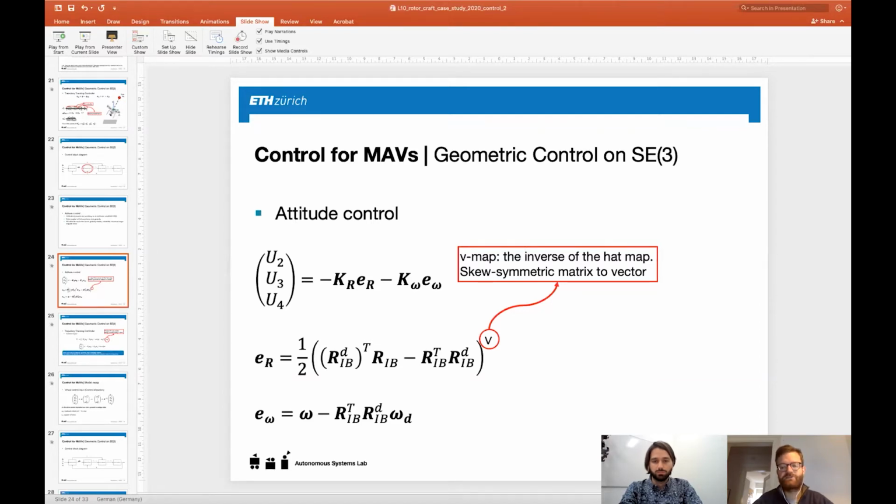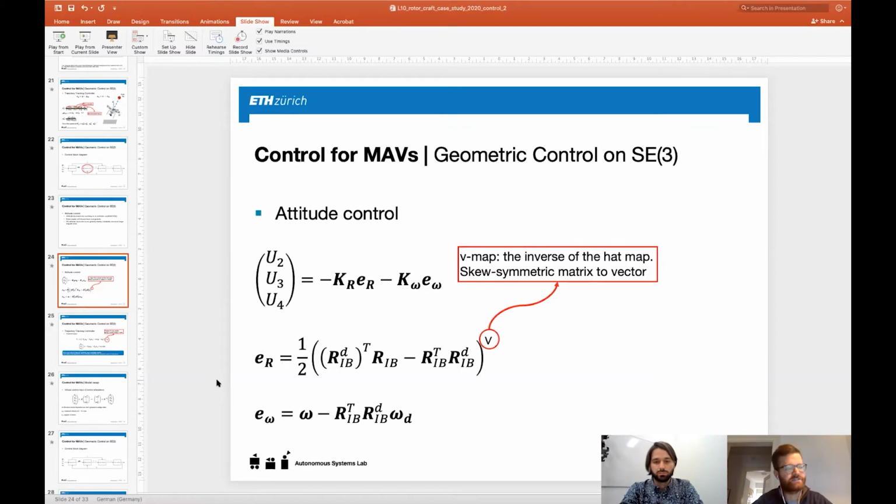Regarding the interpretation for this attitude error, ER, I think the easiest interpretation is the angular difference around the X, Y, and Z axis from the current attitude to the desired attitude.